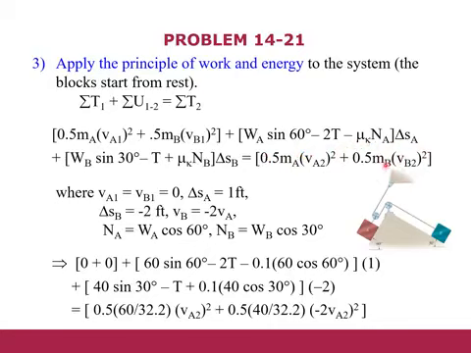We have used this relation, velocity is given to us, and when we put the values in this equation, this is our equation 1. This is equation 2, in which we have put the values for the variables.